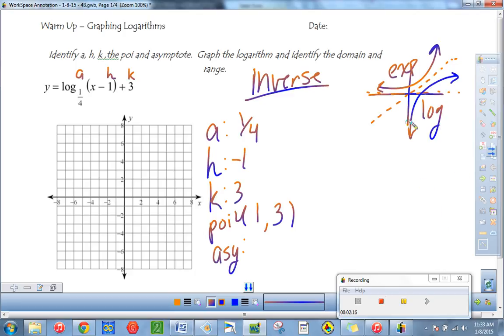What kind of exponential is this, growth or decay? Growth. So this is a growth situation. What does decay look like? It's going down. So if I reflect a decay, prepare yourself.